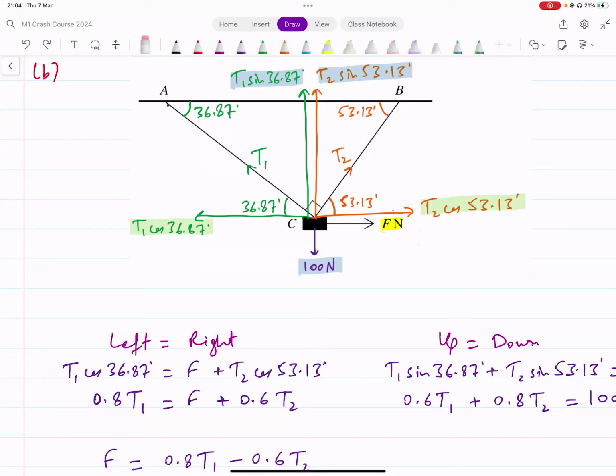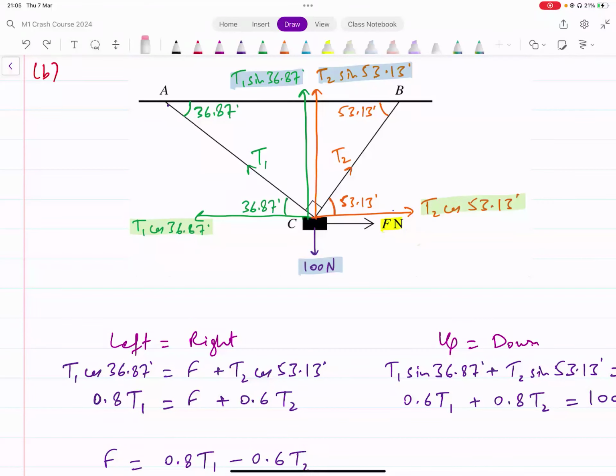How are we going to find the least value or the greatest value? One thing that you can remember is, when you have tensions involved like this, and you have some object hanging in equilibrium, in order to find the least value or greatest value of something, you have to put one of the tensions equal to 0. And that will give you that least value or greatest value. So some tension has to be put equal to 0.